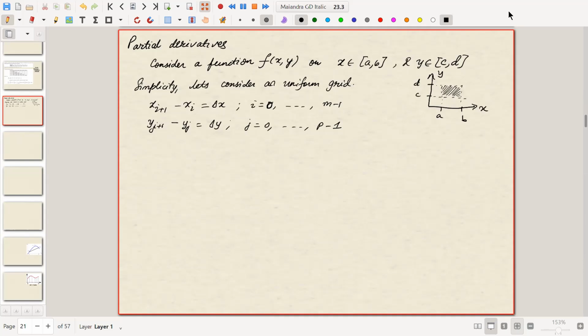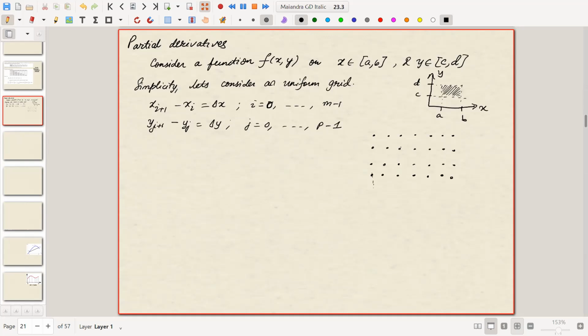Just to motivate, we can discretize this grid like in this diagram I want to draw: a lot of different points like a grid. It seems like they are equally spaced, right? I'm skipping some of the rows, just to give you a feel of what is going on.